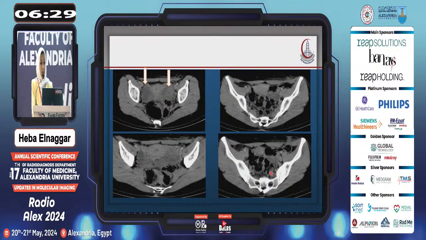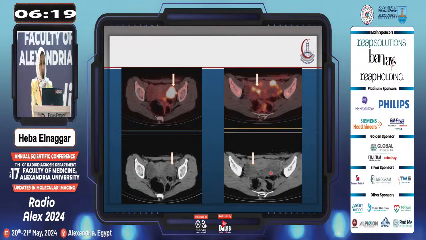In the conventional CT images, we can see there are bilateral ovarian cysts, and no other gross abnormalities, but in the fused images we can see the right ovarian cyst is a simple one, the left one is FDG avid, this is the clear cell carcinoma, but what the PET-CT added is the presence of multiple peritoneal deposits seen arranged in a linear pattern around the uterine body.